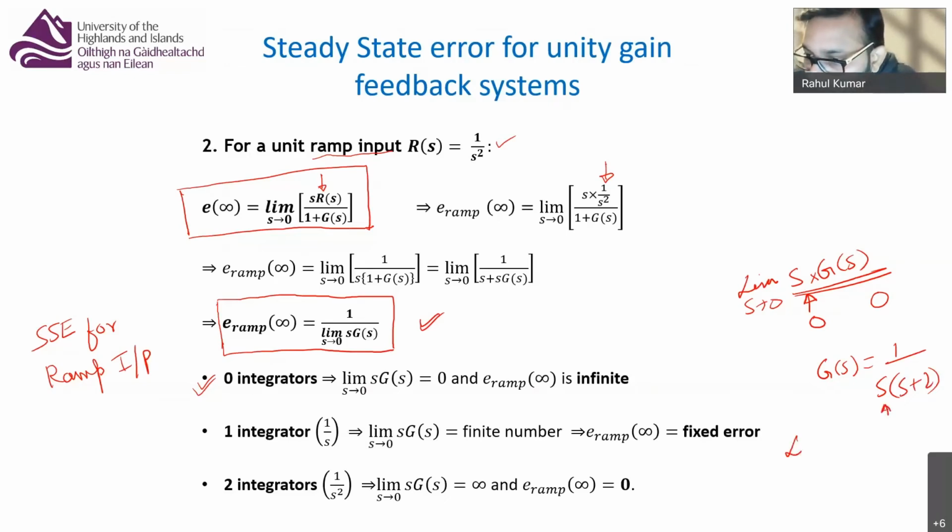So if I'm calculating limit s tending to 0 of s g of s, s multiplied by 1 divided by s plus 2, this s will get cancelled, and if I put s equals to 0, I will get 1 divided by 0.